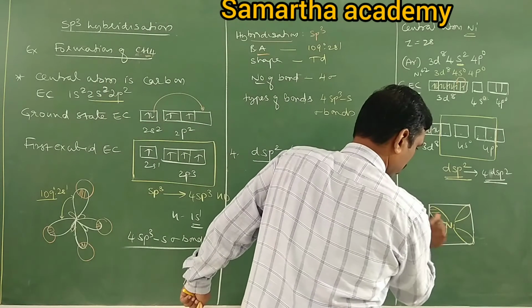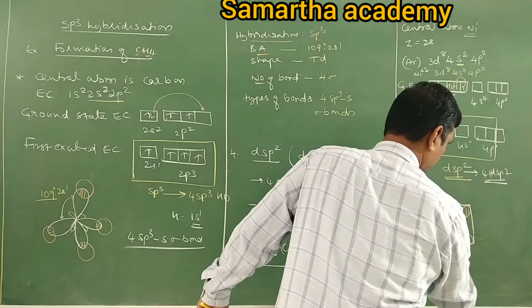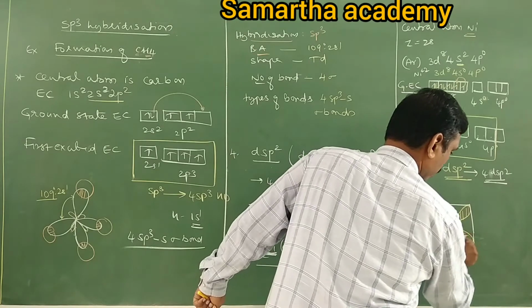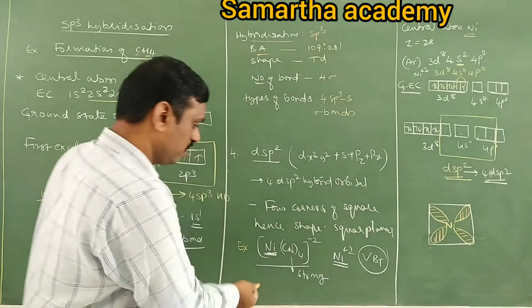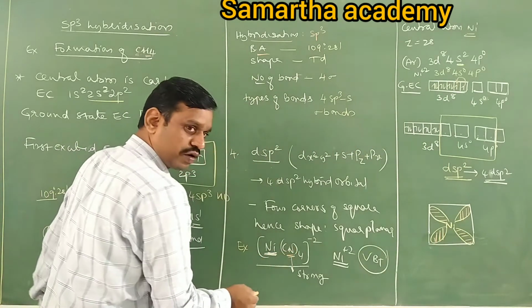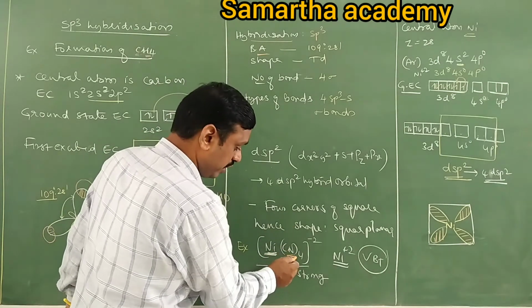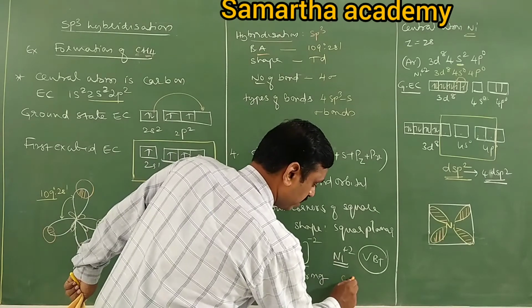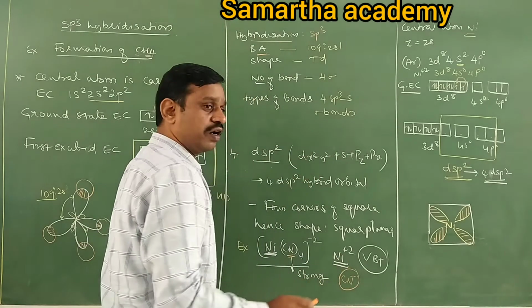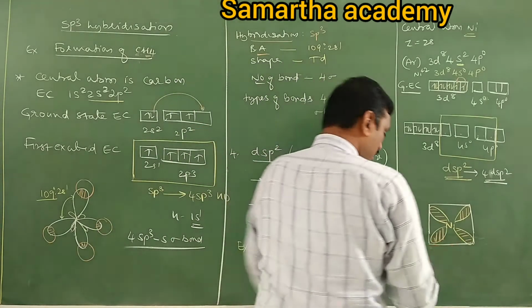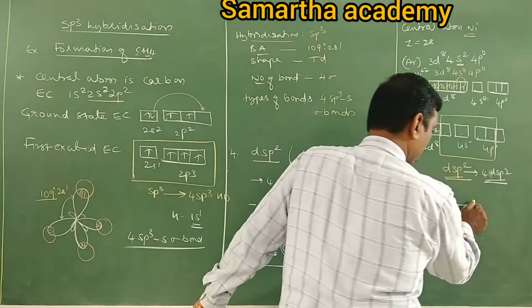Now tell me, these 4 dsp2 orbitals overlap with what? There is CN, each CN minus is a ligand and has a filled orbital.